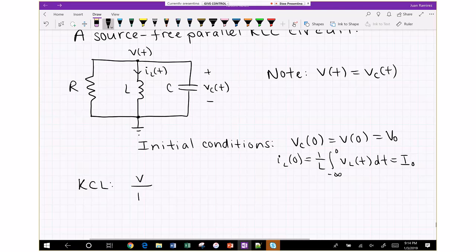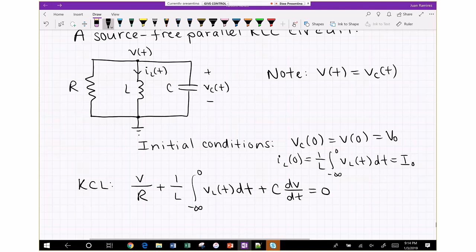That's equal to little v, the voltage across the resistor, divided by the resistance, plus, now we'll look at the current through the inductor, and that's equal to 1 over L integral from negative infinity to 0, VL of t dt. And then we'll look at the current through the capacitor, which we know is C dV dt.